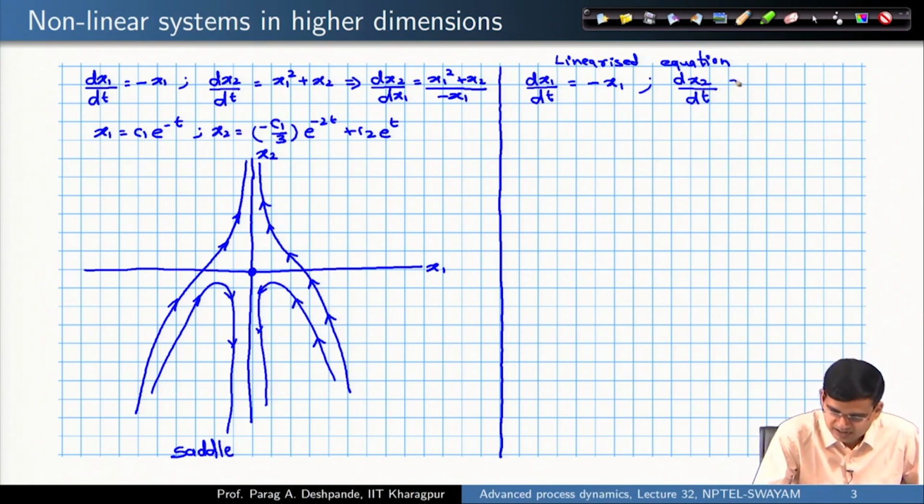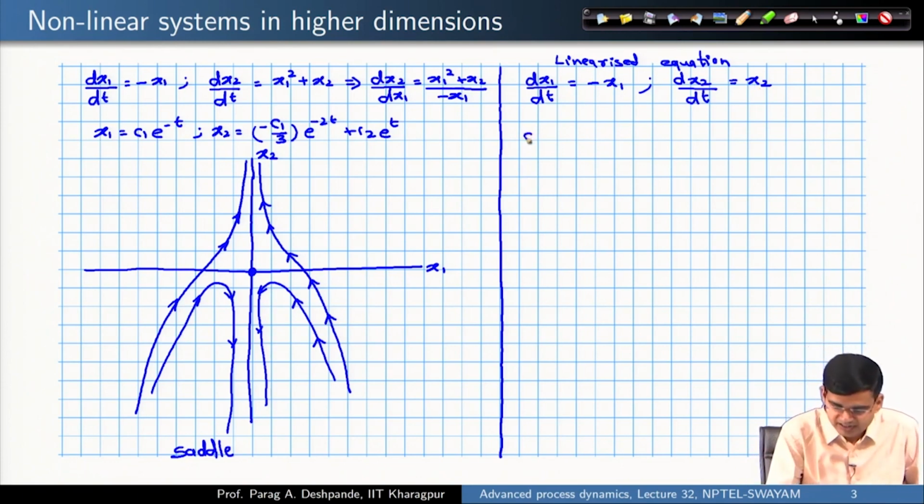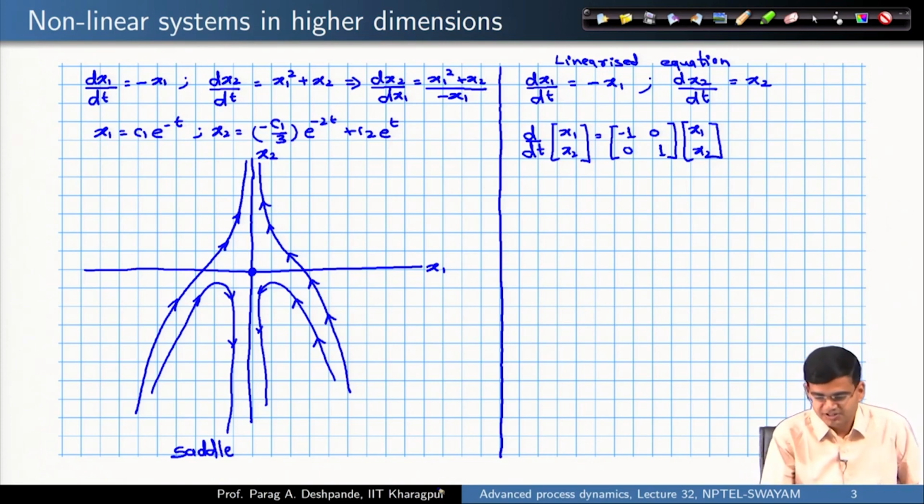So, if I write this as simply x2 by making x1 0, I now have a linear model. I can write this as d by dt of [x1 x2] is equal to [minus 1, 0; 0, 1] times [x1 x2], and the solution is very straightforward.